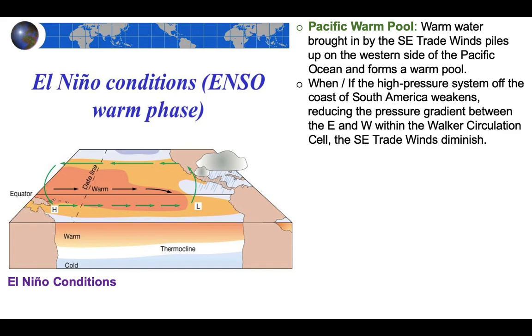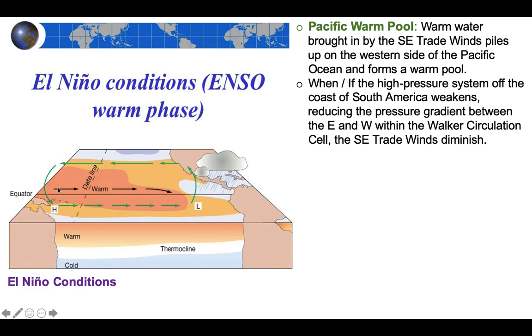And when the high pressure system off the coast of South America weakens, reducing the pressure gradient between the eastern and western parts of the Pacific Ocean, these trade winds diminish. So we see that there are no trade winds blowing from southeast to the west.